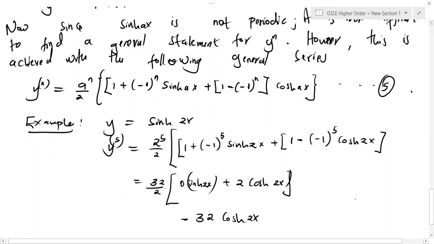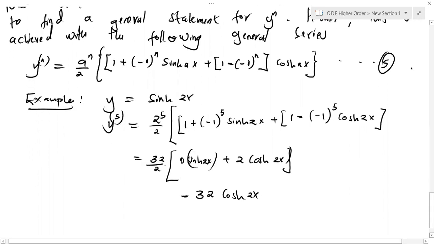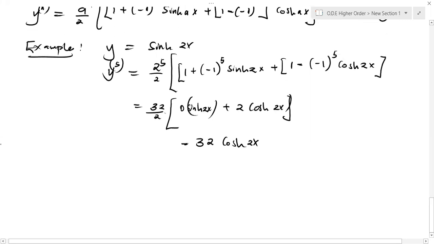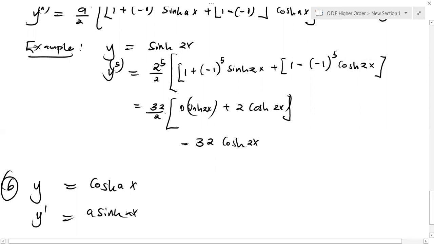Okay, let's go on to number 6. So number 6, let's have our y being equal to cos hyperbolic of ax. So y prime is a sine hyperbolic of ax.